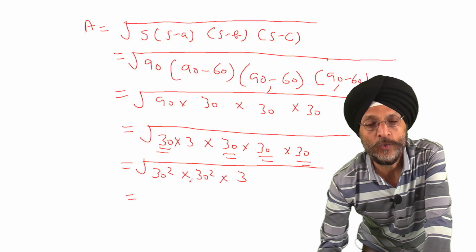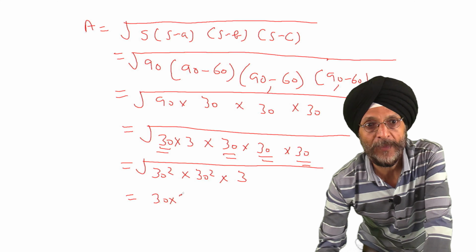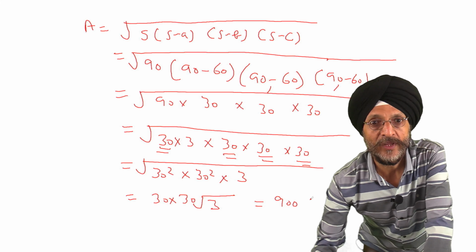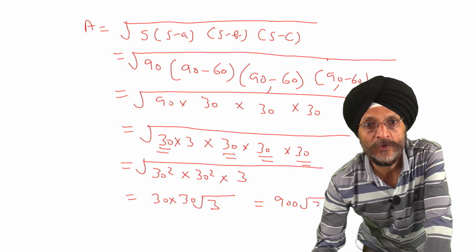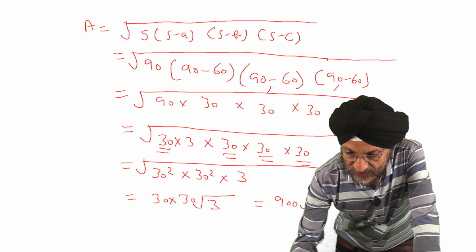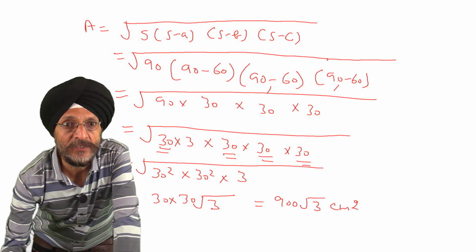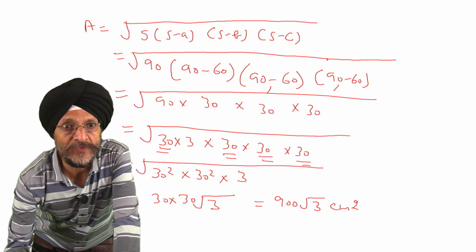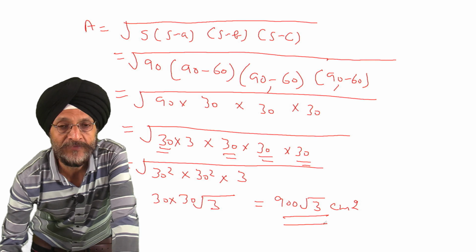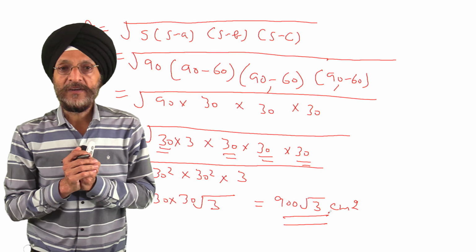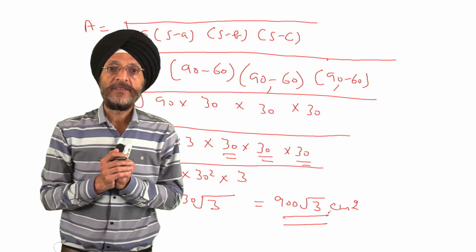So these two 30 into 30 will come out and 3 will remain inside. 900 under root 3. This is the answer before us. This is the area of the equilateral triangle, 900 under root 3 centimeter square.